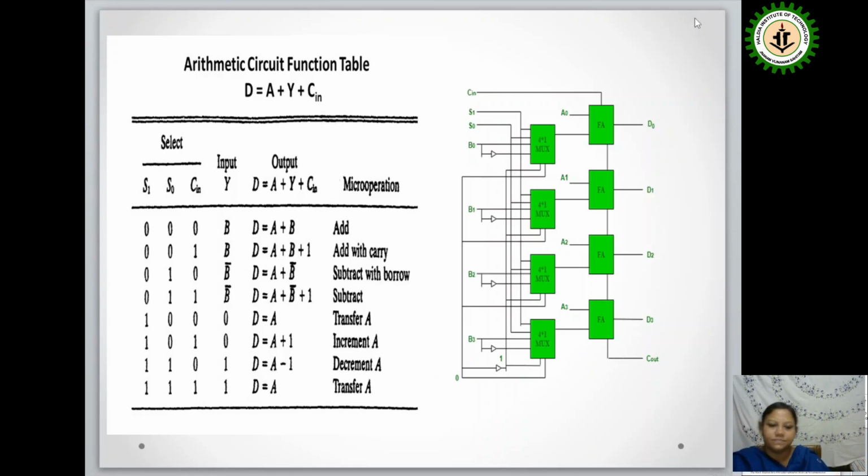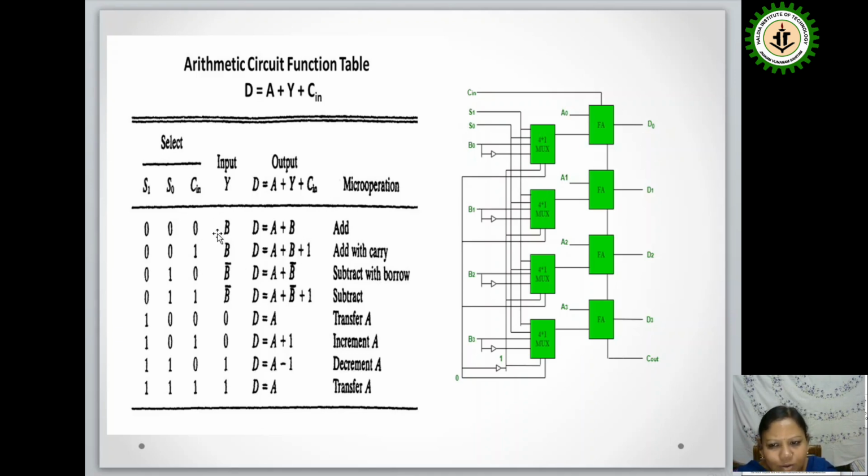From the diagram there are 2 selection lines, S0 and S1, and C in. These are the 3 inputs, giving 8 combinations, 0 0 0 to 1 1 1. Now what is Y? Y is the input value.